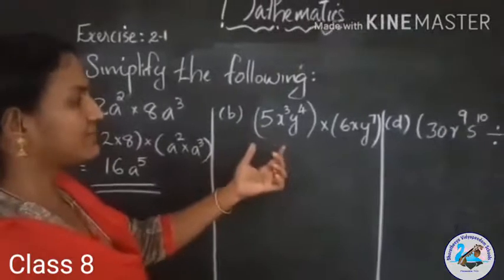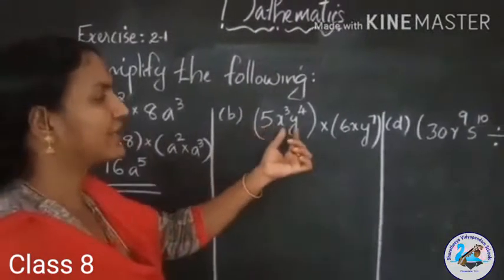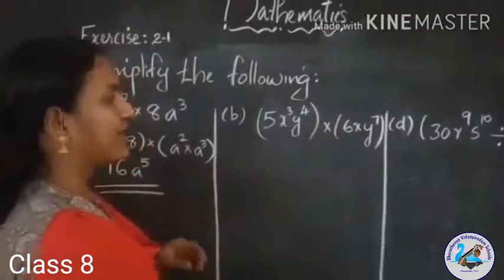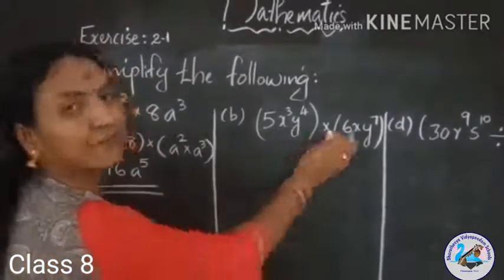The next question, 5x cube y raised to 4 into 6x y raised to 7. Separate the numbers and variables.